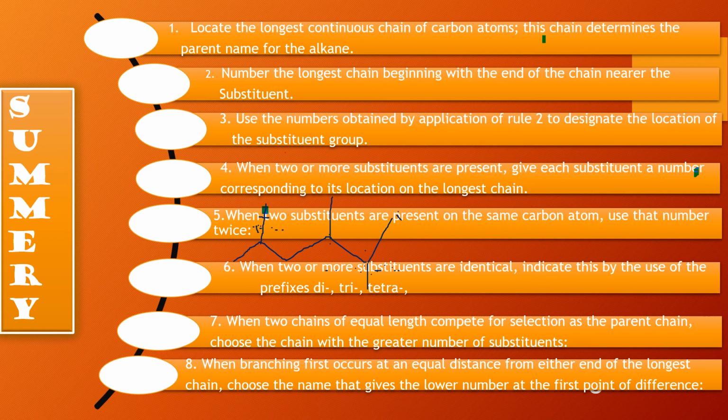So it will give the third position to this methyl group as well. If I start counting from here, it will give 1, 2, 3 and 4. So 4 positions. So I will locate the number from this side to get the nearer substituent.